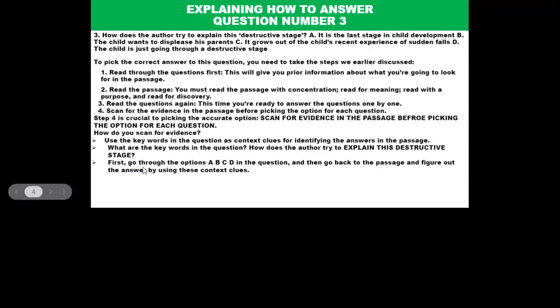The keywords are explain this destructive stage. Those are the keywords. So first, go through the options A, B, C, D in the question, and then go back to the passage and figure out the answer by using these context clues. So we are going to put this in practice. Let's start with the steps.